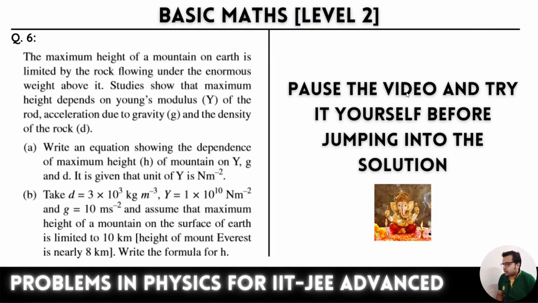Okay, so let's look into problem number 6. The maximum height of a mountain on earth is limited by the rock flowing under the enormous weight above it. So definitely, if we talk about a mountain, it is a huge structure.